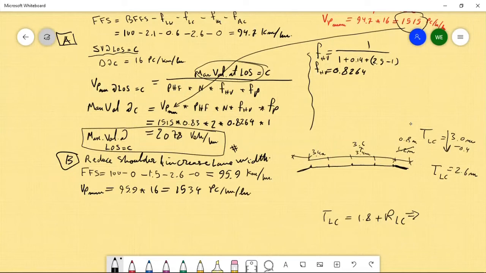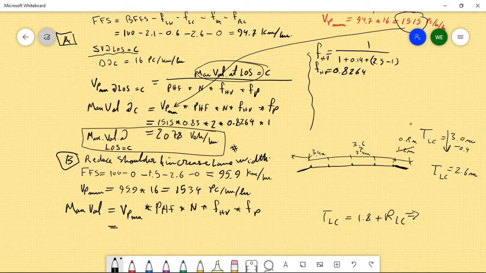So the maximum volume equals the new VB max, multiply the peak hour factor, multiply N, multiply the factor for heavy vehicles, multiply FB.